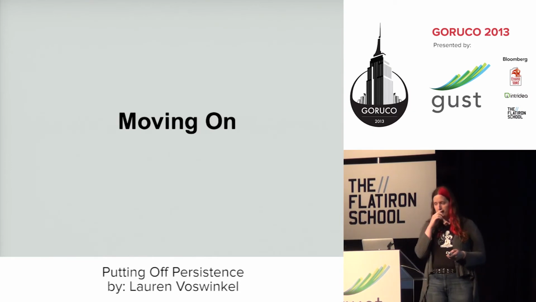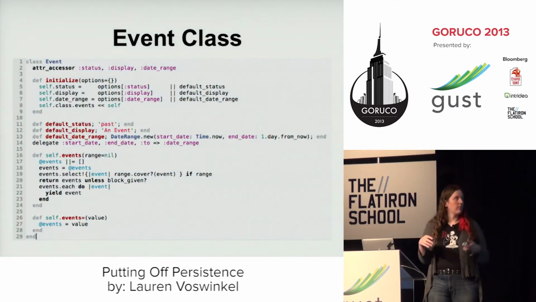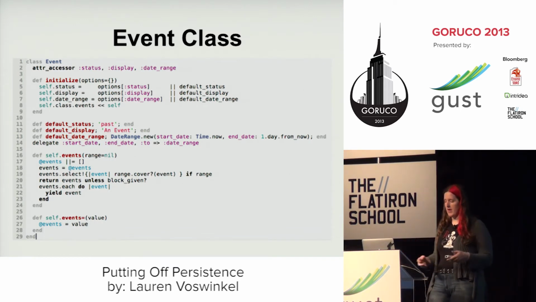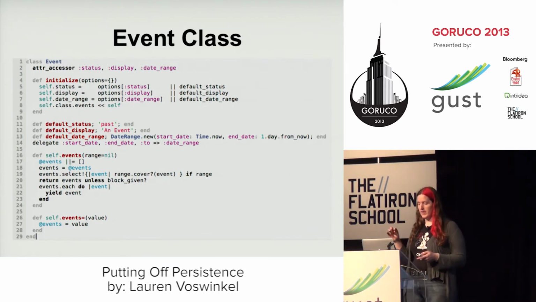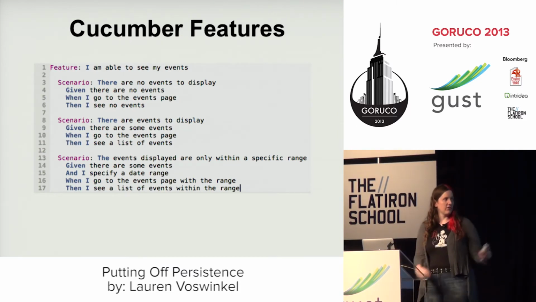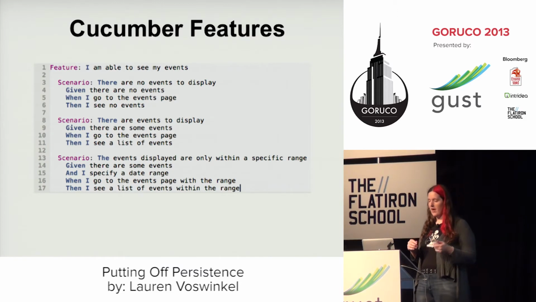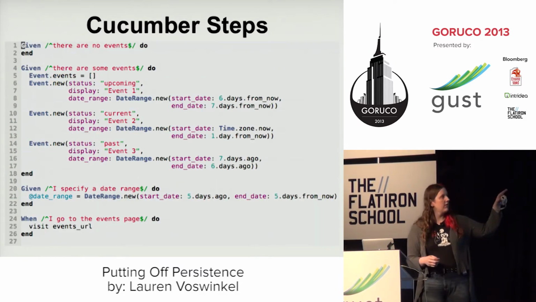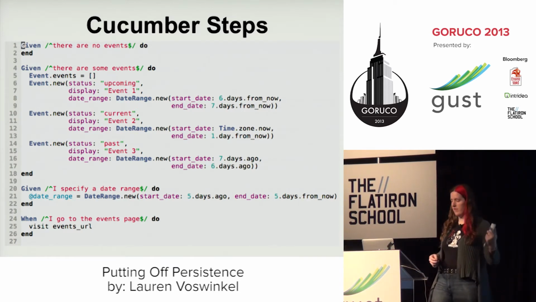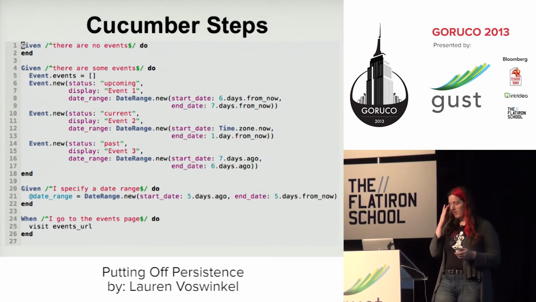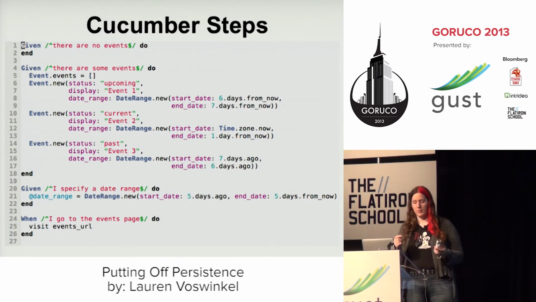So moving on. We left the code in this state where we had events being pushed onto an array, and the class was managing that array. I added a cucumber feature that says the events displayed are only within a specific range, and it just checks to see, oh, OK, I've created date ranges for the events, and those date ranges are actually doing the comparisons of what is and is not being displayed when given a specific date range.